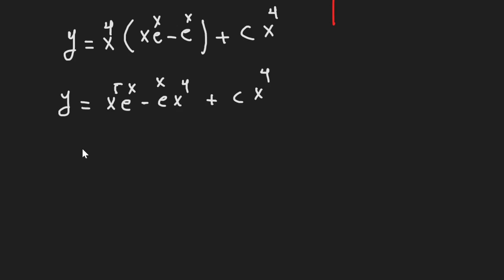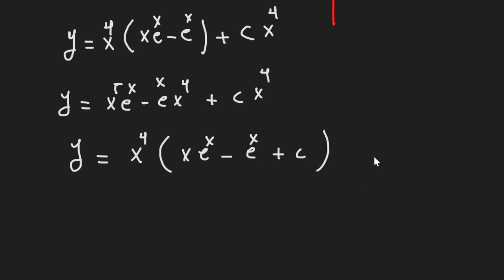Finally, you can take x to the 4 as a common factor, so your y will be equal to x to the 4 times x e to the x minus e to the x plus c, and this is your final answer.